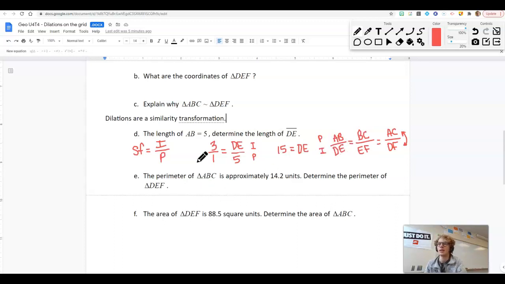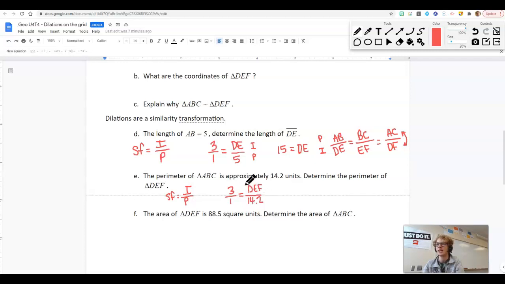Okay? So thinking back to topic 3, pause the video and think about what the perimeter of your image would be if the perimeter of the pre-image is 14.2. So if you'll remember from topic 3, the ratio of the perimeters is equal to the scale factor. So I've set up scale factor is equal to image over pre-image. 3 over 1 is my scale factor.